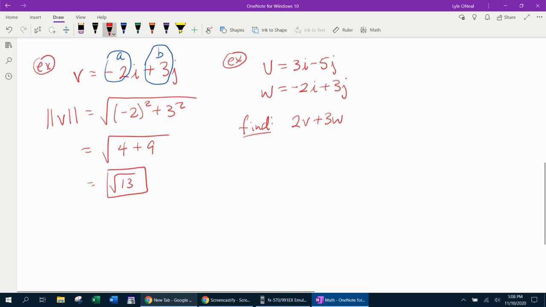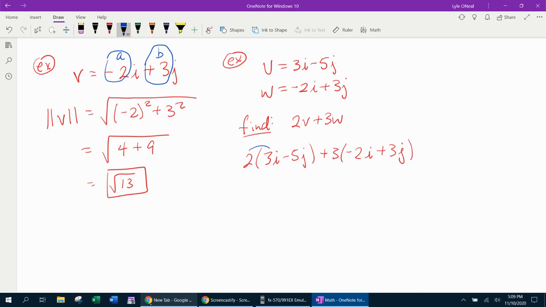And so all this is really, it's plug and play. So we're going to have 2 times v, which is 3i minus 5j, plus 3 times w, negative 2i plus 3j.